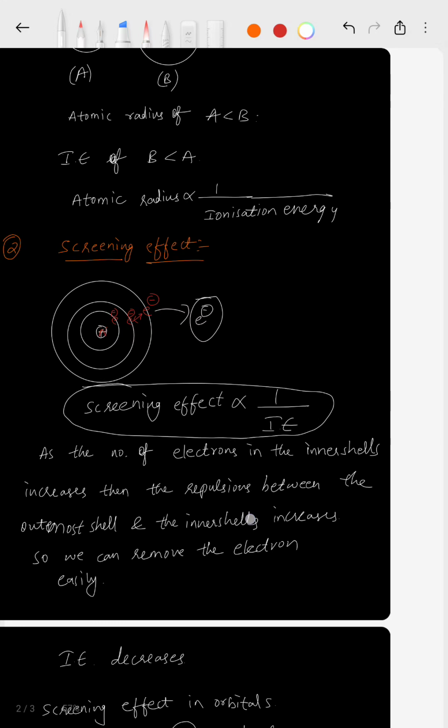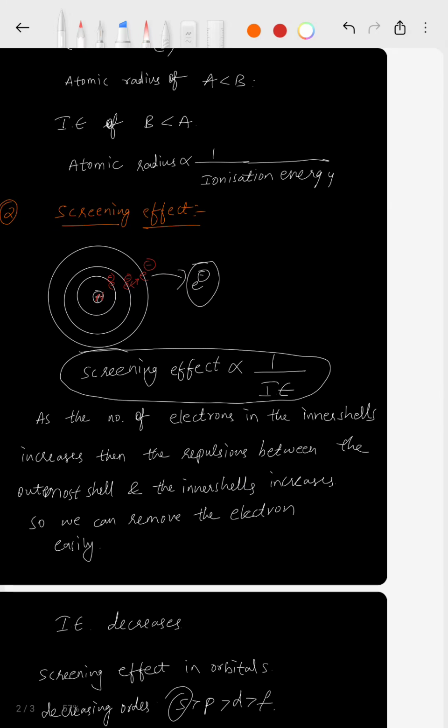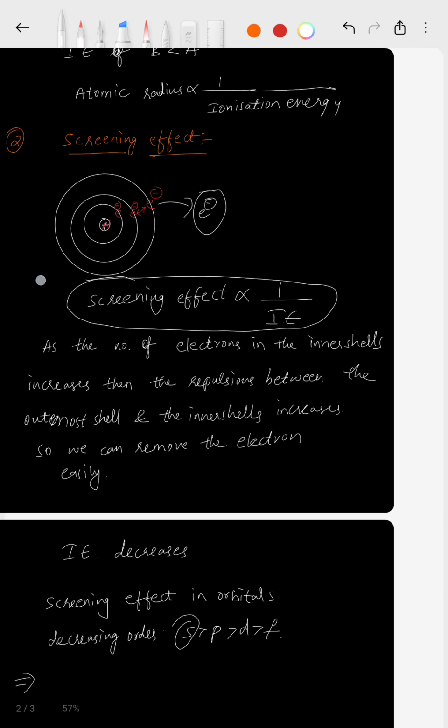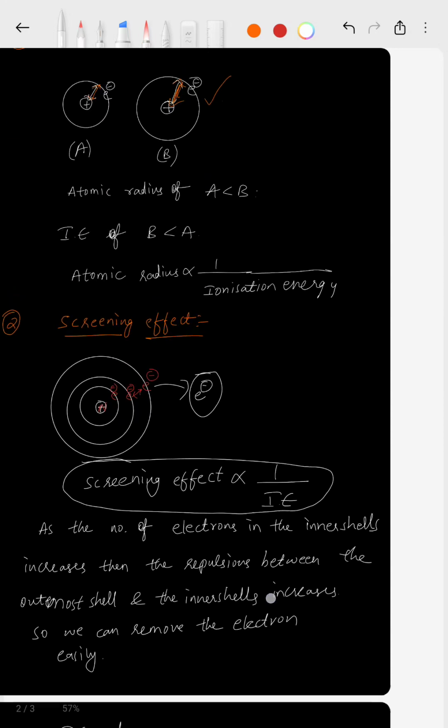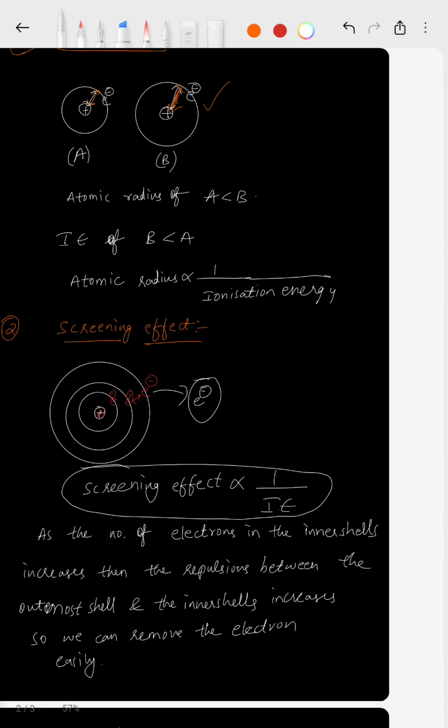As the number of electrons in the inner shells increases, repulsion will be more between the outermost shell and the electrons. So we can easily remove the electrons. So we can write here that screening effect is inversely proportional to IE, and atomic radius is also inversely proportional to IE.